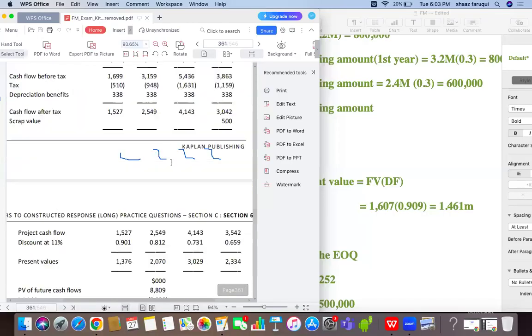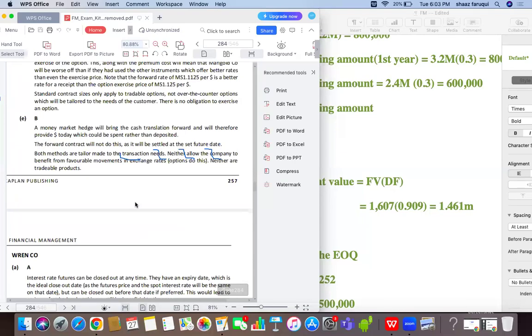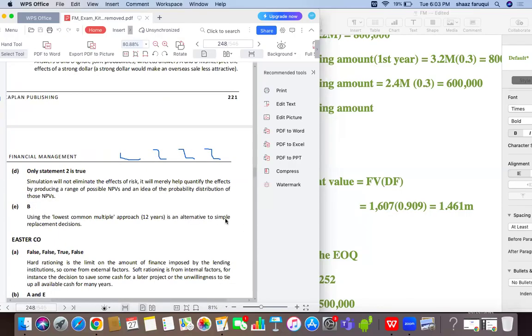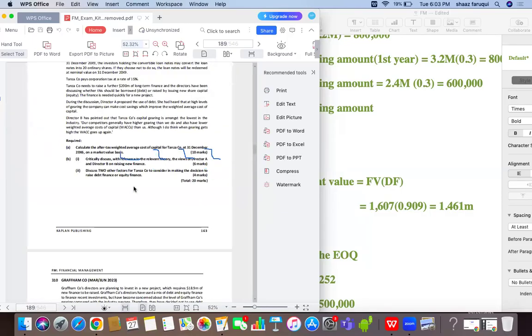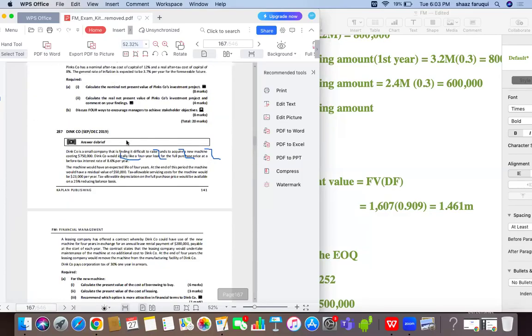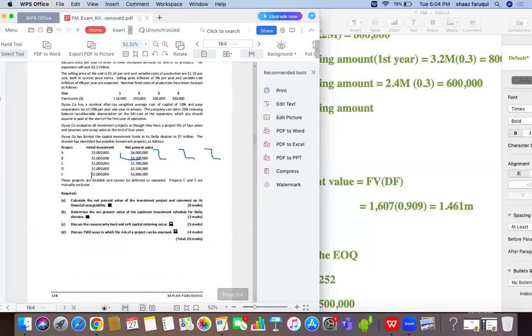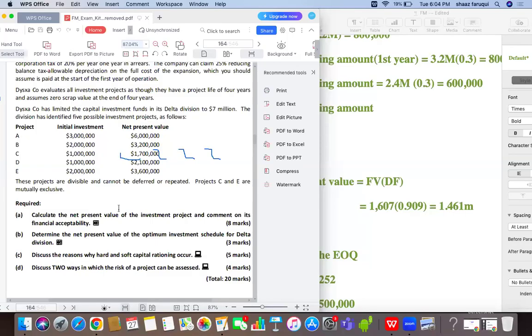If you go back to the question, you've got the NPV. However, always, all the time, in FM especially, go back to the question and see if you have answered the question in full.